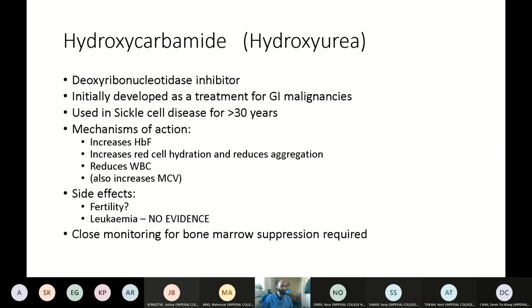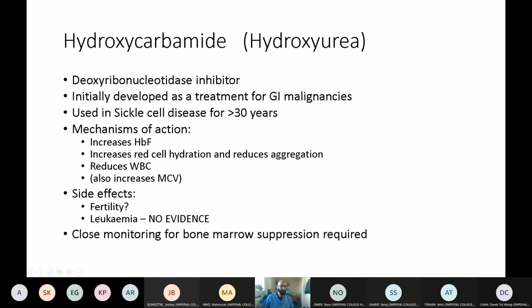And prior to conception, if either male or female patients, or their partners, are on hydroxycarbamide and planning for a family, the advice is to stop hydroxycarbamide 3 months in advance of attempted conception.